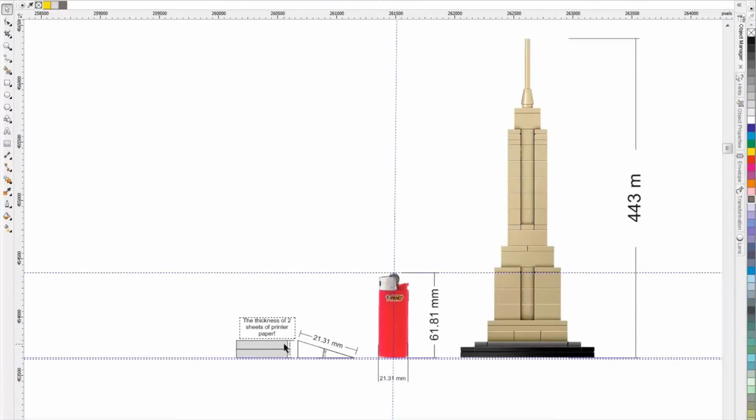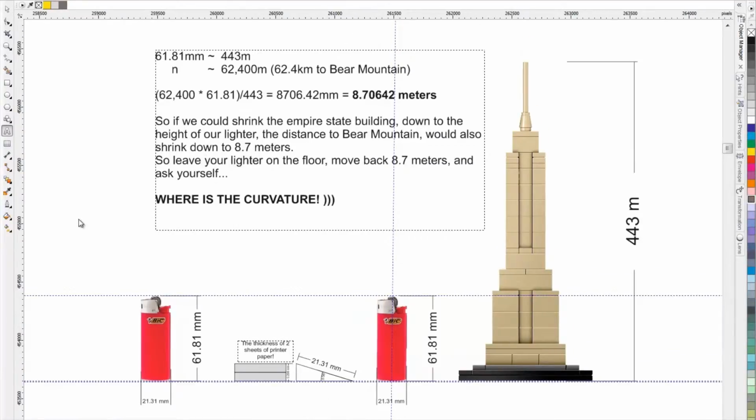Now, if you insert the 2 pieces of paper underneath the lighter, how far away would you have to go in order to have the vantage point that the observer had in the video from 62.4 kilometers away? Well, that's easy. 61.8 millimeters is directly related to the height of the Empire State Building, 443 meters.